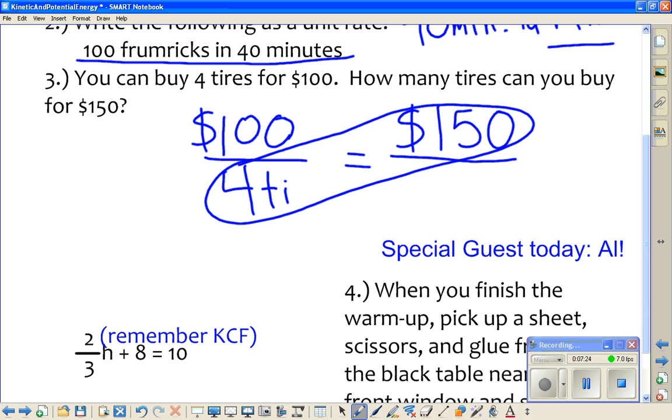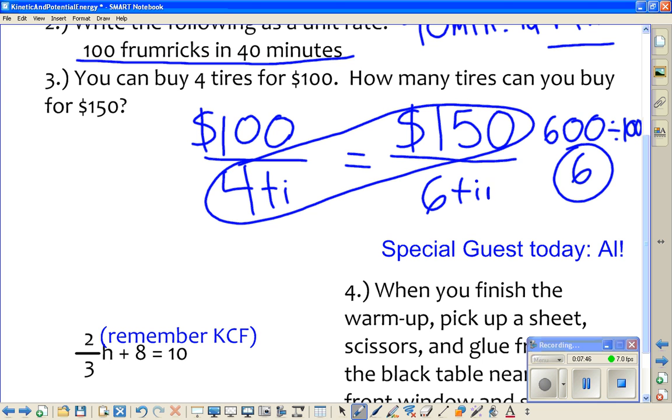Ah, yeah, that's what you meant, right? What does that give you? 600. All right. And what are we doing next? Deja? You do 600 divided by 100. 600 divided by 100 equals 6. 6 tires, yes. I should put tires on there, shouldn't I? There we go. All right, and that is our proportion.